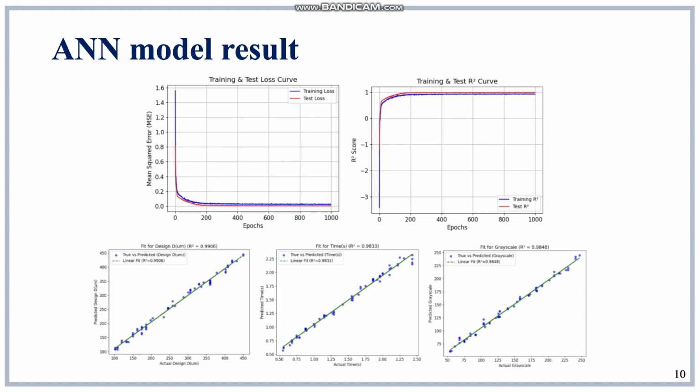The model, as you can see here, achieved high accuracy, indicating very strong prediction performance. The R squared equals 0.9833, which is really high, showing that our work achieved high accuracy.